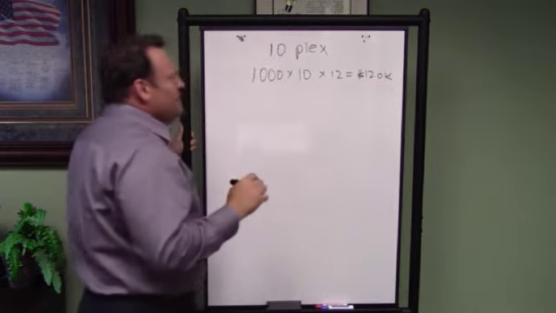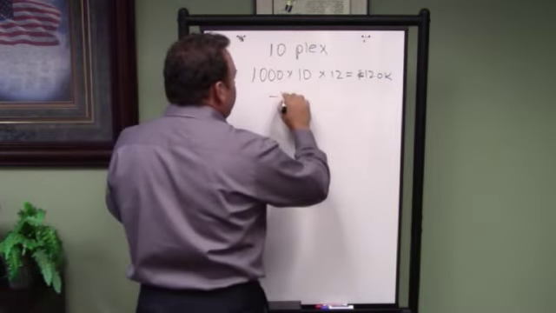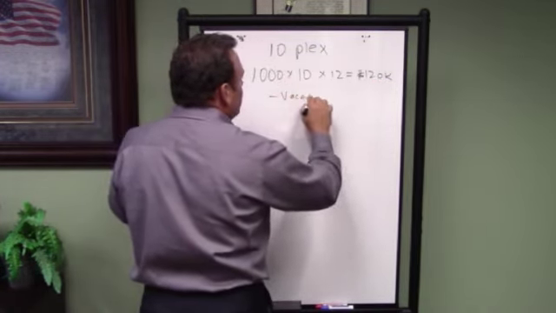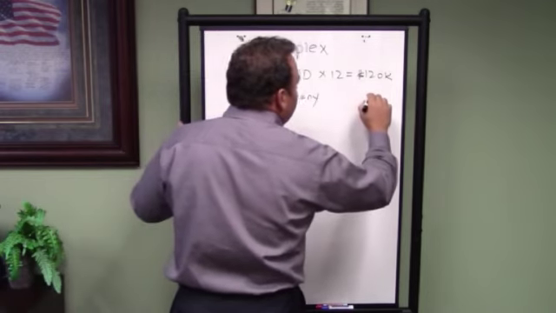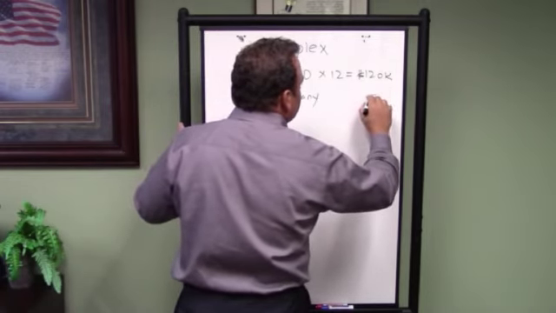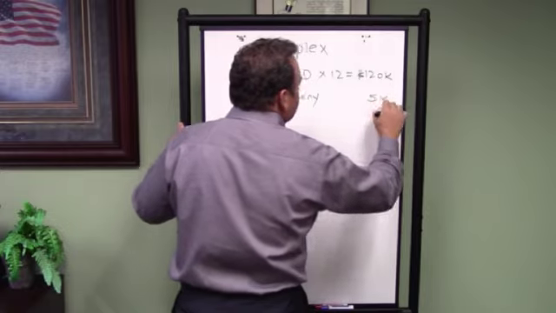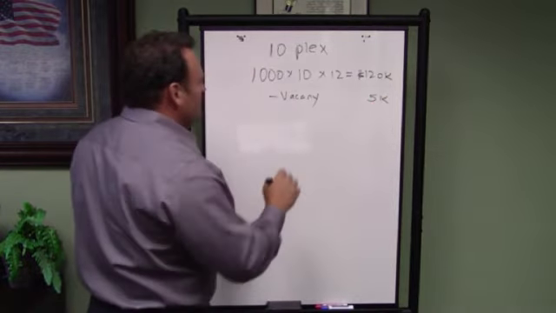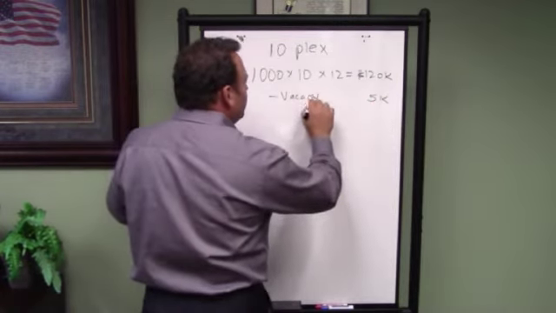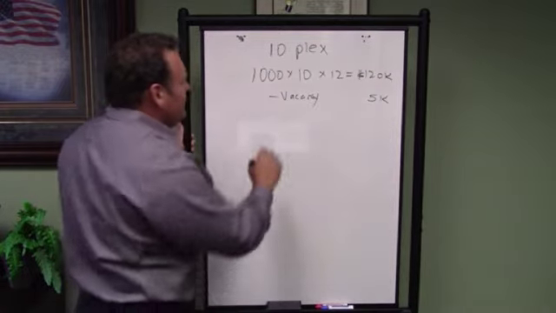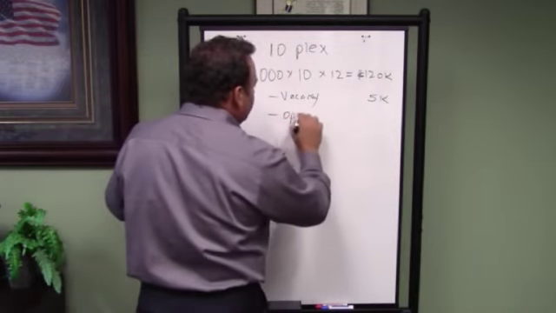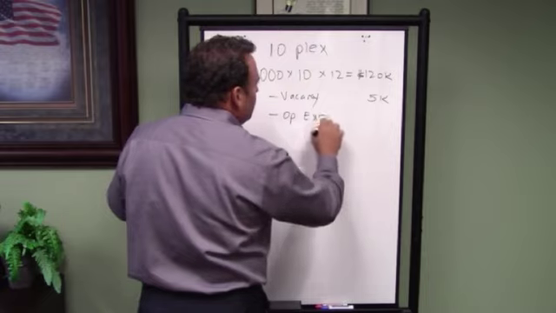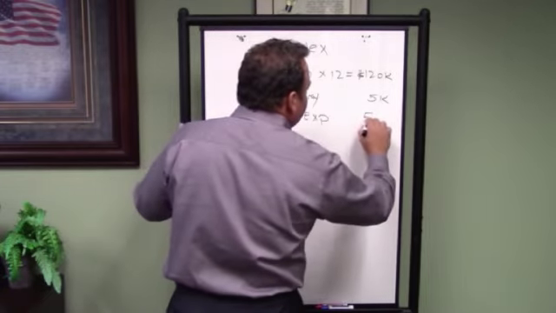And then we're going to subtract vacancy. Let's say that's 5,000 a year. And let's say we had some operating expenses in there, which were 55,000.